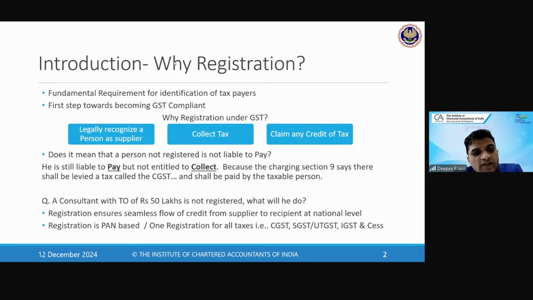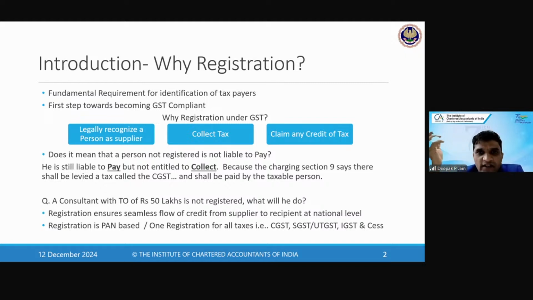In one PAN, how many registrations can we take? We'll tell you. Firstly, registration ensures seamless flow of credit. Registration is PAN based. You have to get a PAN card if you don't have one. Based on the PAN card itself, your registration number comes in. Only a PAN holder can take the registration.